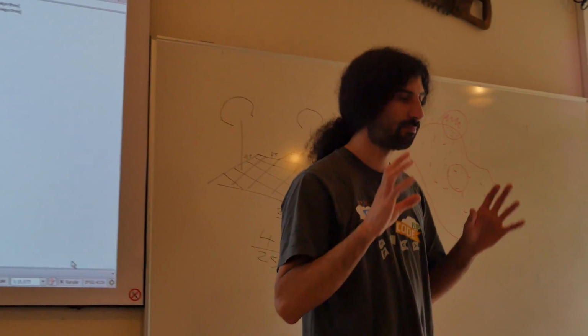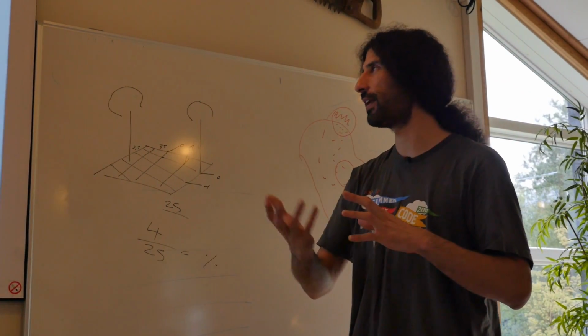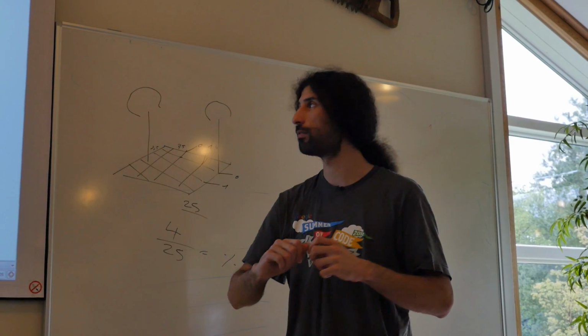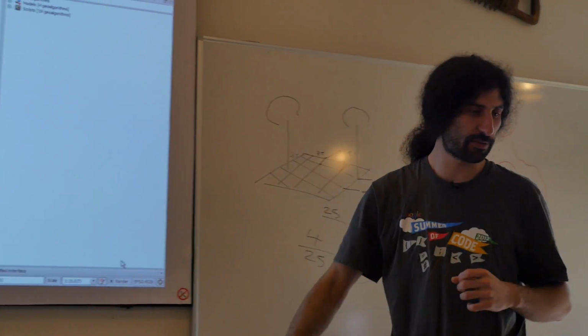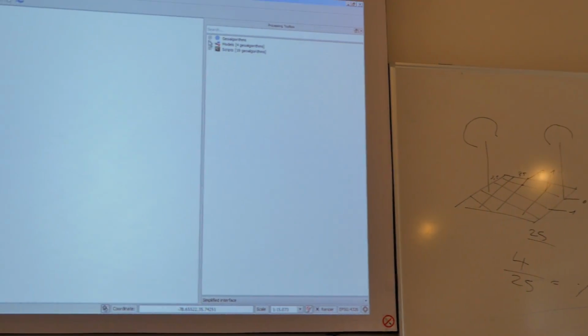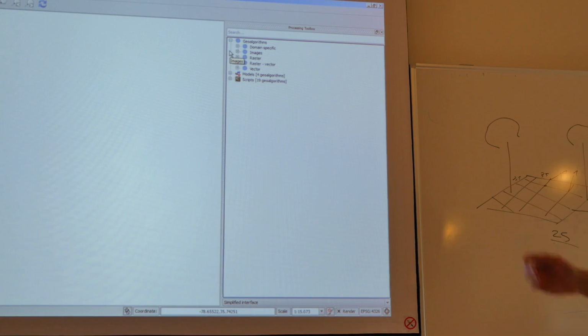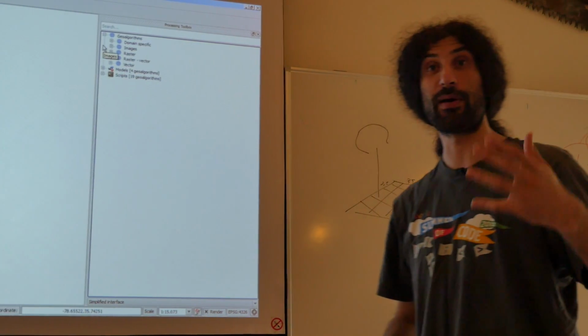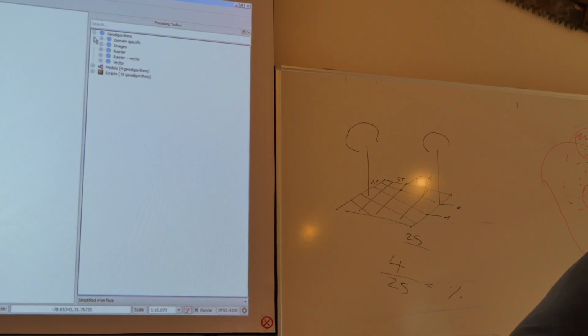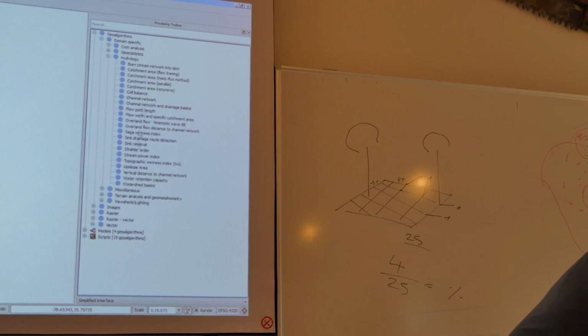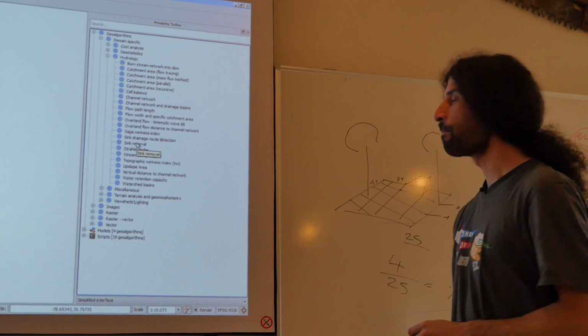The simplified interface is for people who don't have to know what's going on underneath, which software is actually being called, and you just have the list of all the geo-algorithms, divided into groups. So let's say I want to do something about hydrology. I look here at the domain-specific hydrology, and I have my stuff in here, right?